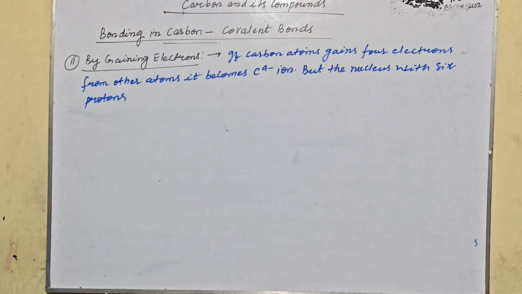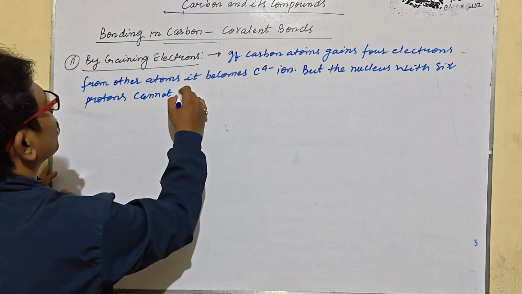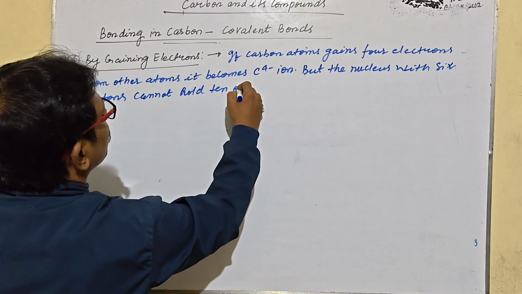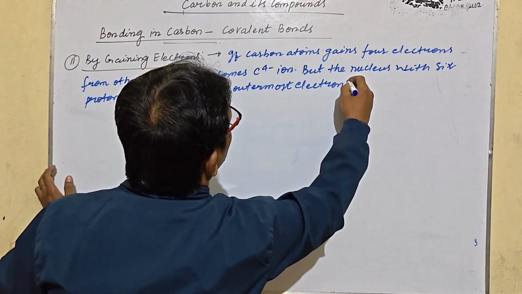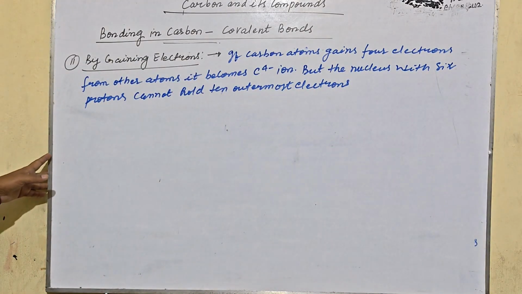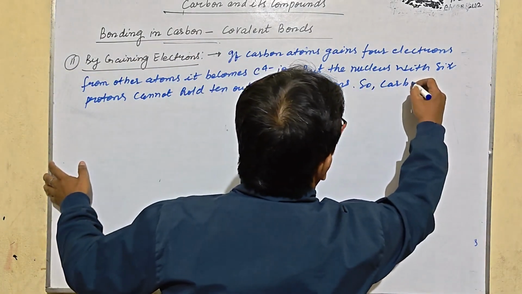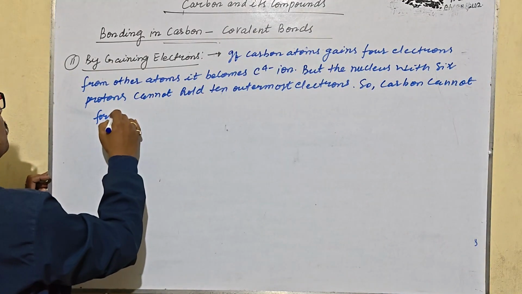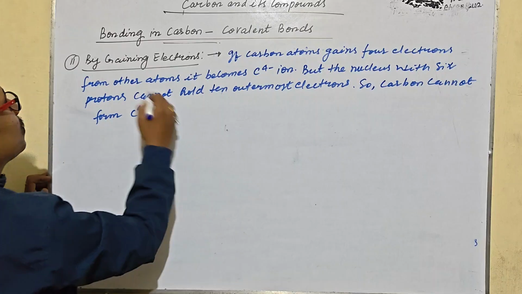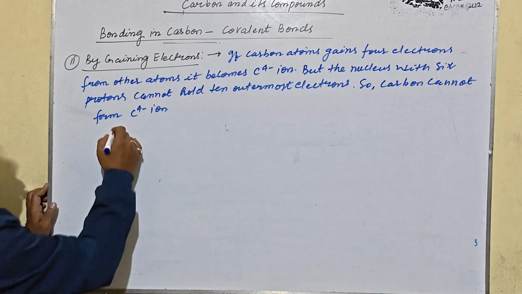But the nucleus with 6 protons cannot hold 10 outermost electrons. So carbon cannot form a C4- ion.